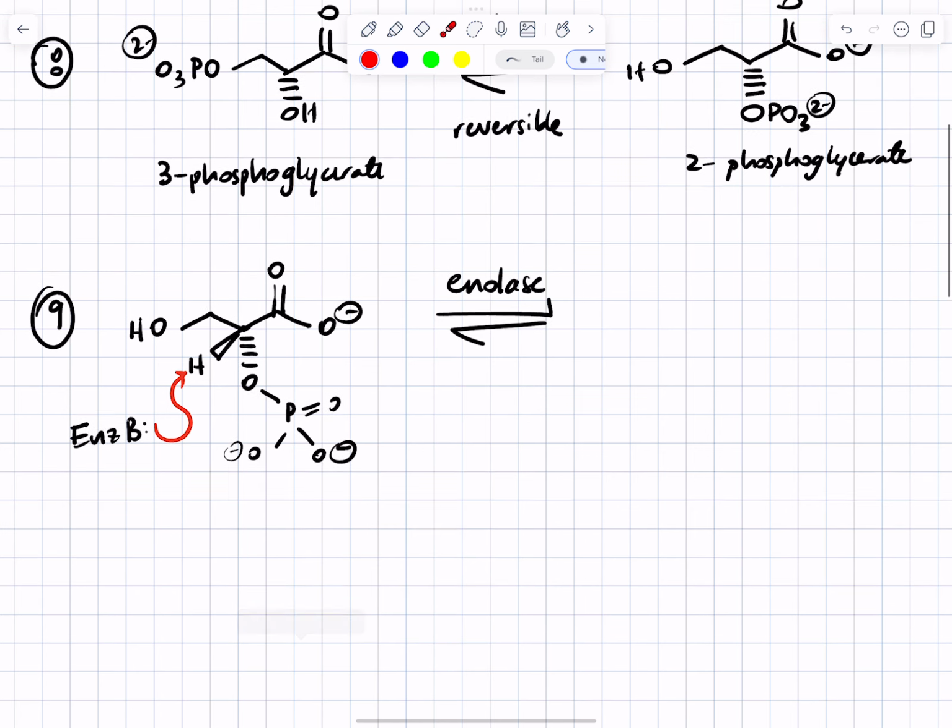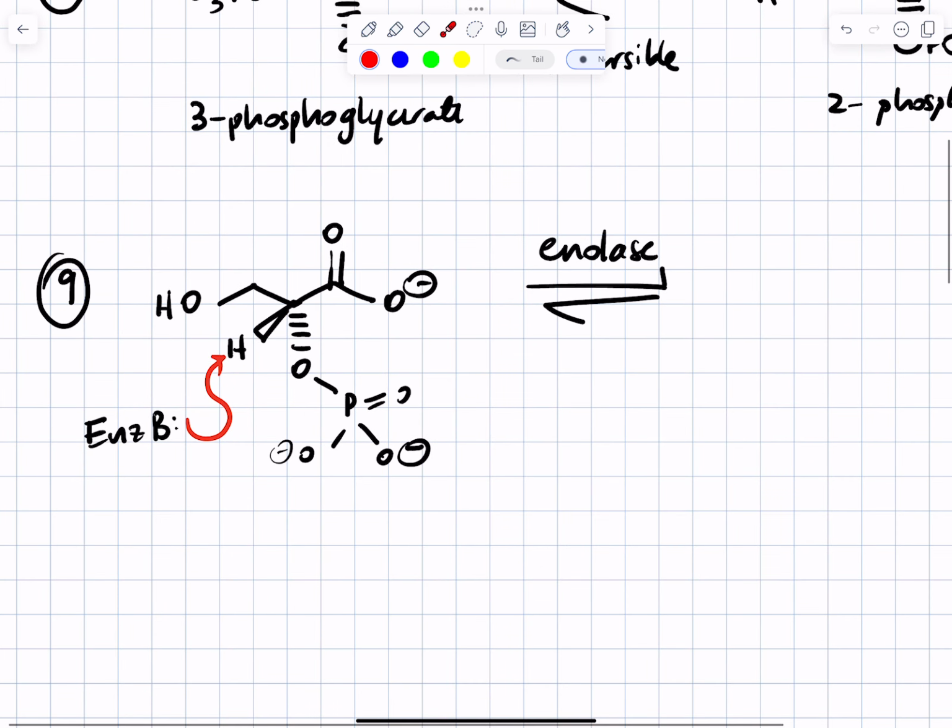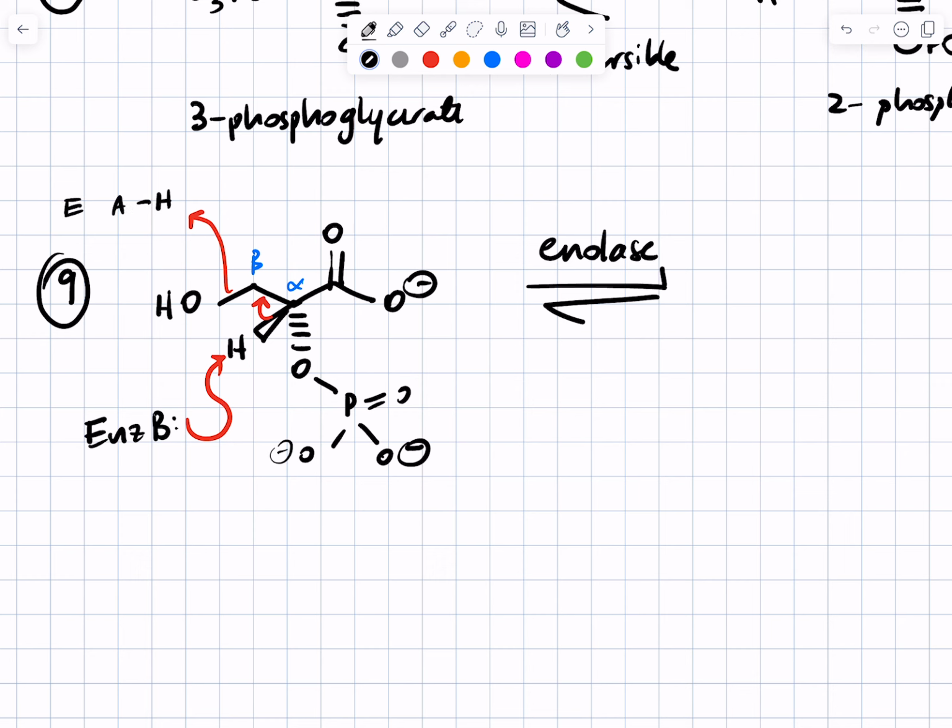In an enzyme active site, side chains help protonate groups as they leave so that they can be good leaving groups. So we're going to just draw this mechanism as simply as we can. Electrons kick down to form a pi bond between the alpha and the beta carbons. And then the leaving group is going to leave, and as it leaves, it's going to be protonated by an acidic side chain in the enzyme active site.